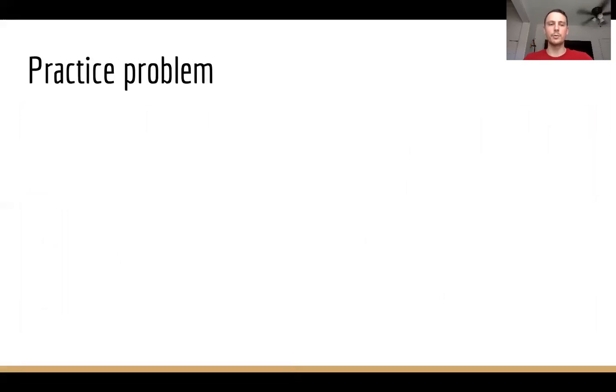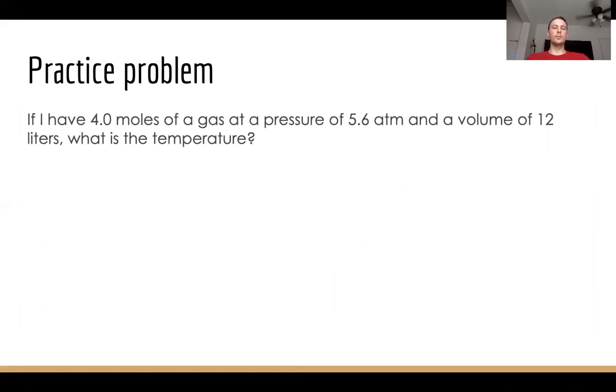So I have a couple practice problems here. First one says, if I have 4 moles of a gas at a pressure of 5.6 atmospheres and a volume of 12 liters, what would the temperature be? So again, unlike the previous questions we've been doing earlier this week, we don't have a before and after, but we do have moles, pressure, and volume.